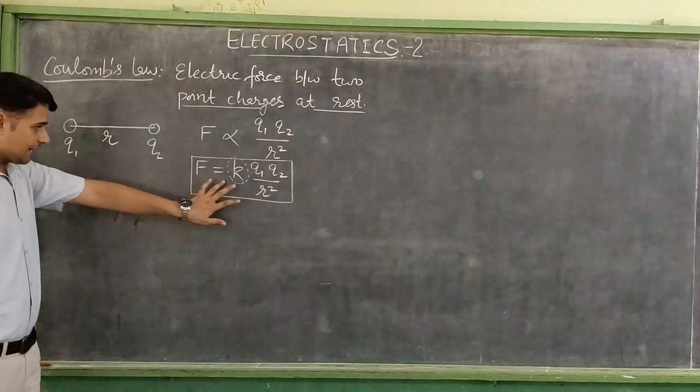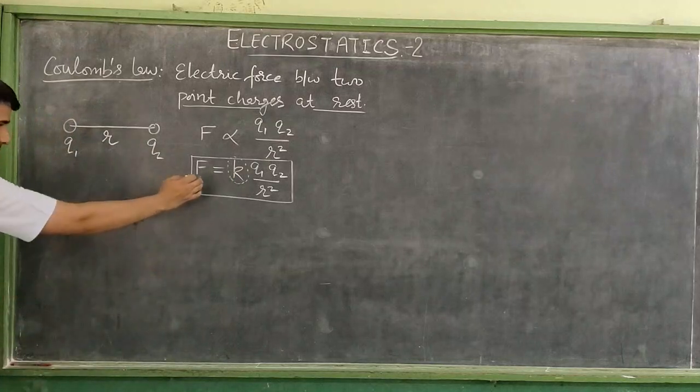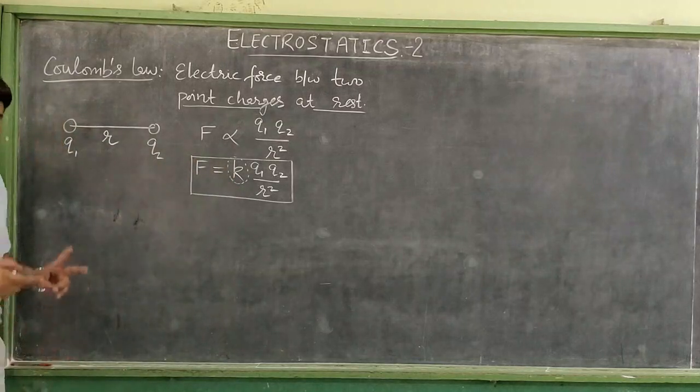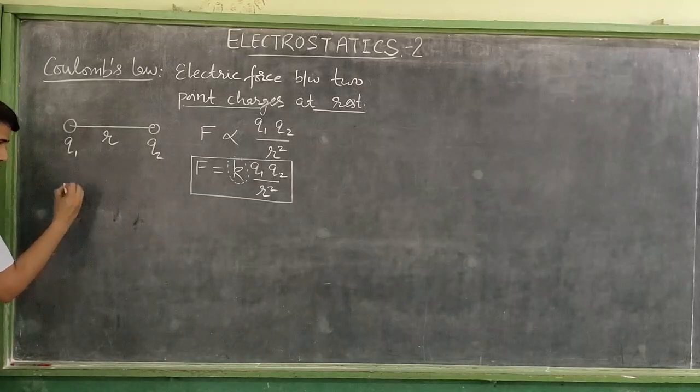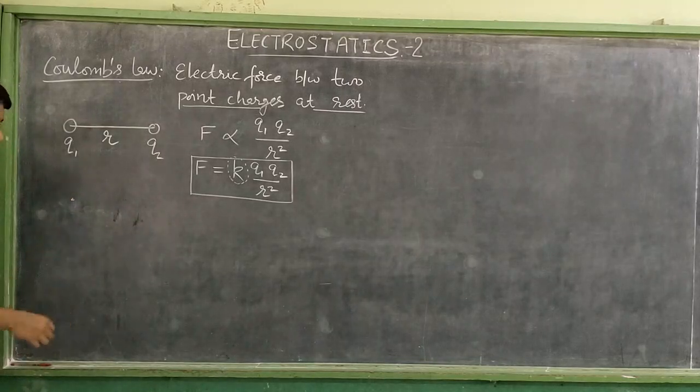Experimentally it was found that the value of k depends on two parameters. The first is which system of units we have chosen.